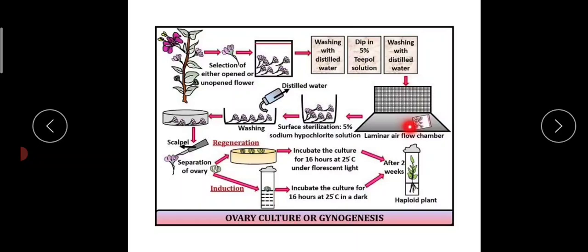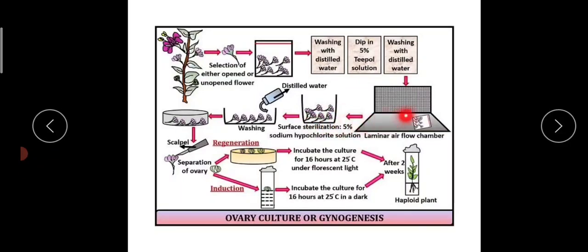After that we move to laminar airflow chambers. Inside the laminar airflow chamber we do surface sterilization with the help of 5% sodium hypochlorite, or we can use 0.1% mercuric chloride also.